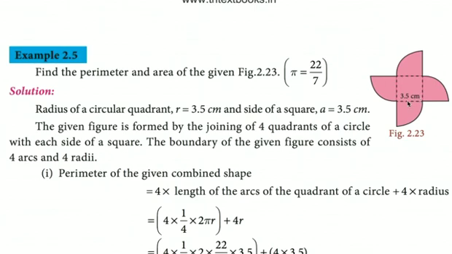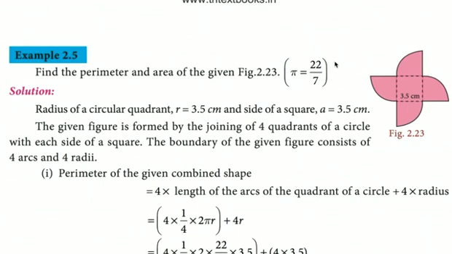So these straight lines add up to 4 into 3.5. 1, 2, 3, 4. 4 into 3.5 is how much? 14. 14 cm is the straight line part. Second part, the circular part, right? For a circle you already know, 2 pi r is the perimeter.